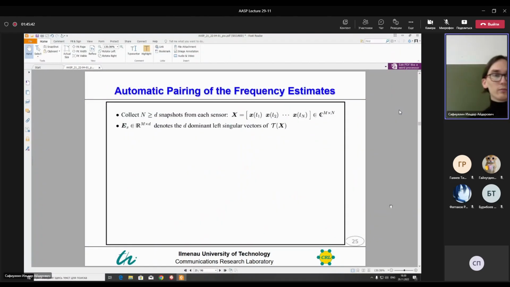Now we collect these n snapshots, and here we write down, I don't know, but n should be greater or equal to d over 2. So we need to collect more than 2 times our sensors, something like this.